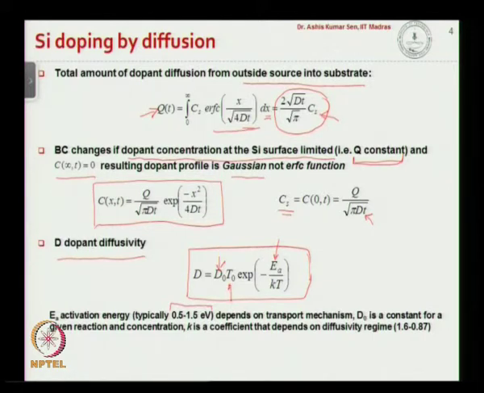T0 is the temperature, and k is the coefficient that depends on the diffusivity regime, and typically it has a value between 1.6 to 0.87, okay.